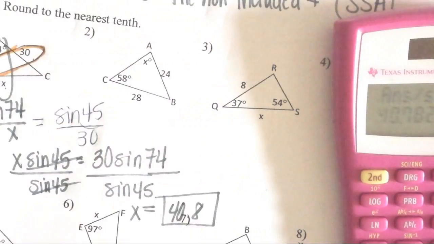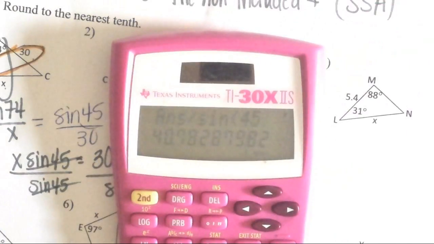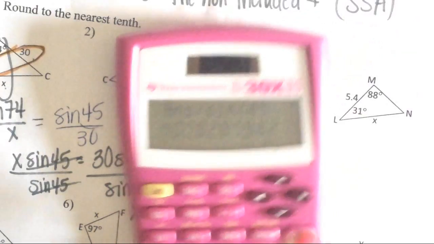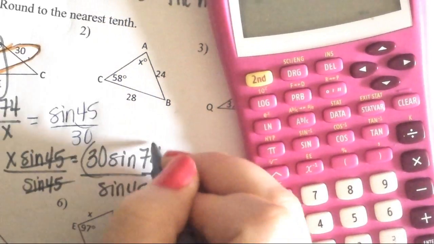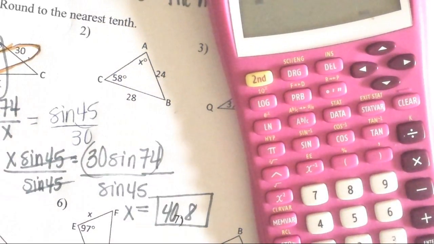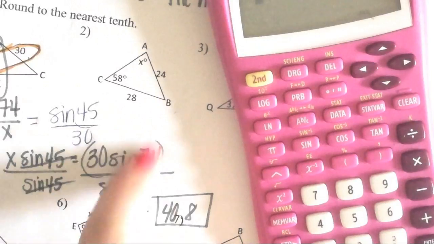Now, if you're really wanting to be a nerd, there is a little bit of rounding error since I pressed the enter button twice. Just a tiny bit. Is it enough for me to cry over on this section? No. But if you're wanting to avoid that, we can type this whole thing in at once. However, if you're going to do that, put the numerator in parentheses because your calculator doesn't see your paper.